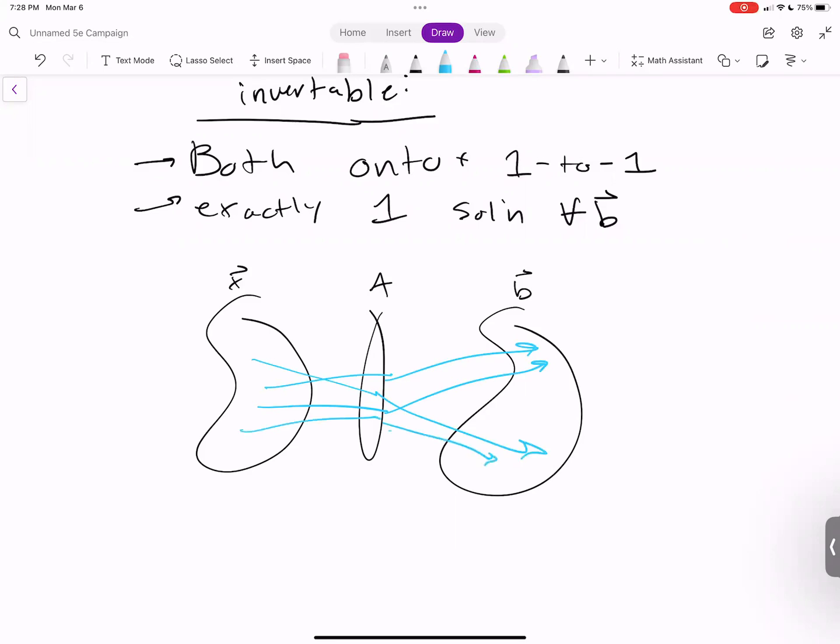Each place over here is going to have only one way back. It's 1-to-1, and everywhere in here is reached because it's onto. So every single point over here can be traced back to a point over here. So instead of going this way, we can also go this way. That's why we call it invertible. Any questions on onto, 1-to-1, or invertible?